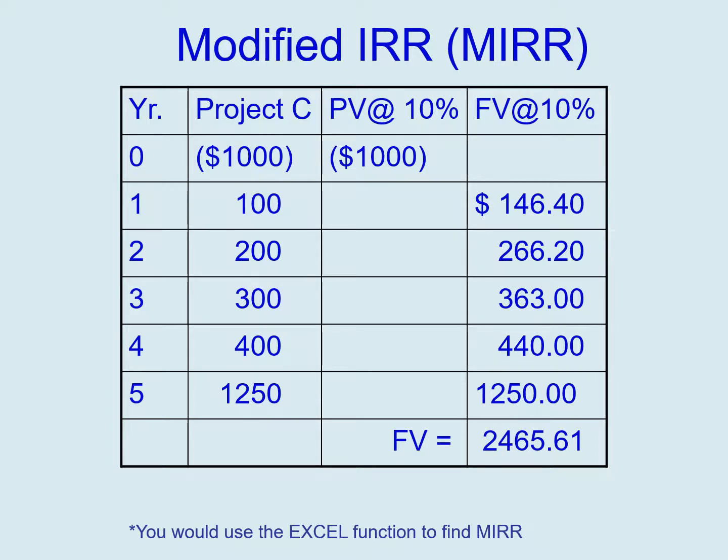Okay, and here, if you remember back when we found the straight unadjusted internal rate of return, it was 22.8%. And now what we're going to do is force the reinvestment rate assumption to be 10% rather than 22.8%.